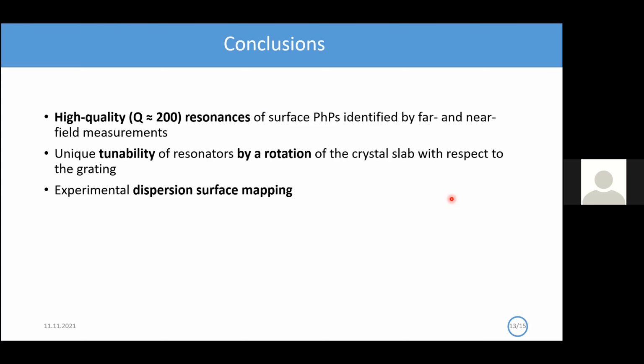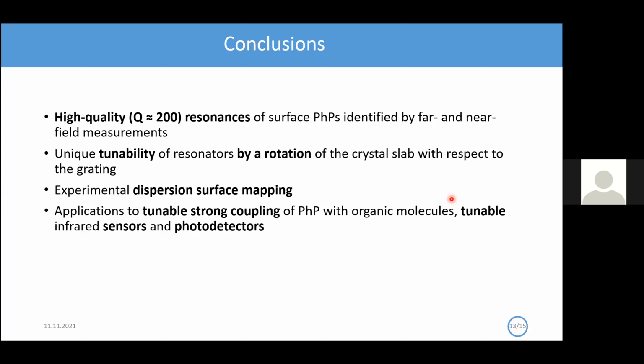We illustrate how dispersion surfaces can be reconstructed experimentally, and our approach gives excellent opportunities for the creation of tunable sensors, photodetectors, and strong coupling achievements.